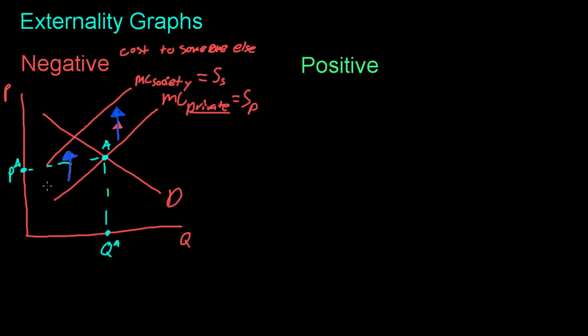And that obviously we can see just from the simple supply and demand diagram is going to lead to a decrease in quantity produced. So we'll call this point B, and we'll call this quantity B and price B. So with no intervention, no regulation whatsoever, the market will produce Q sub A and charge P sub A. Now, if the market is regulated to internalize or take into account the externality, then that cost will be imposed back on the producers of this good.